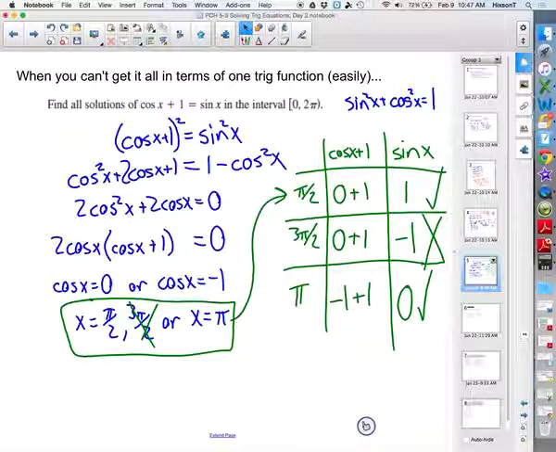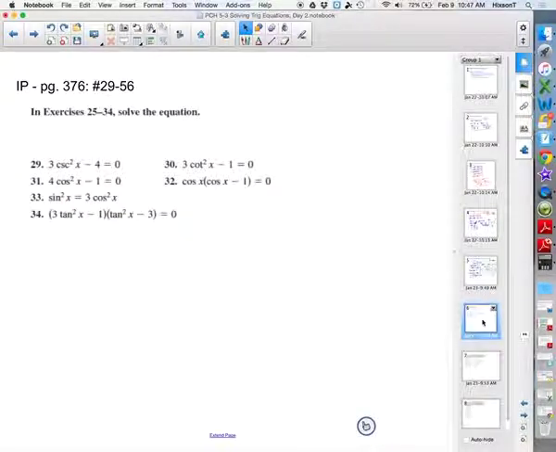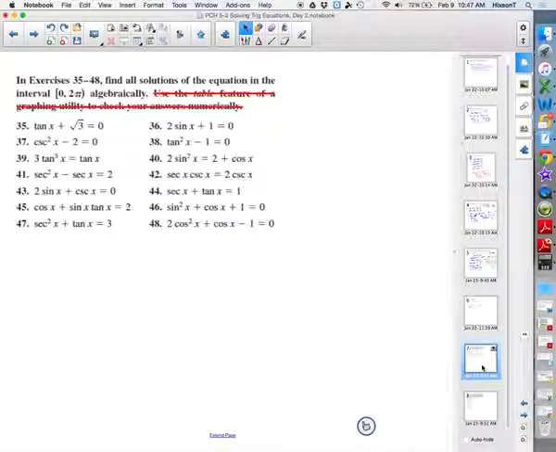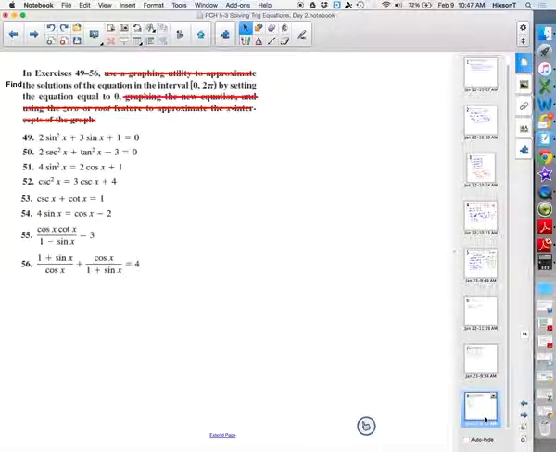At this point, I want you to practice some. I've given you a couple different sections of problems to practice. Notice I've modified the directions a little bit on these. You don't need to use the table feature or the graphing utility to check your answer. You don't need to graph these and find the solutions with intersections.